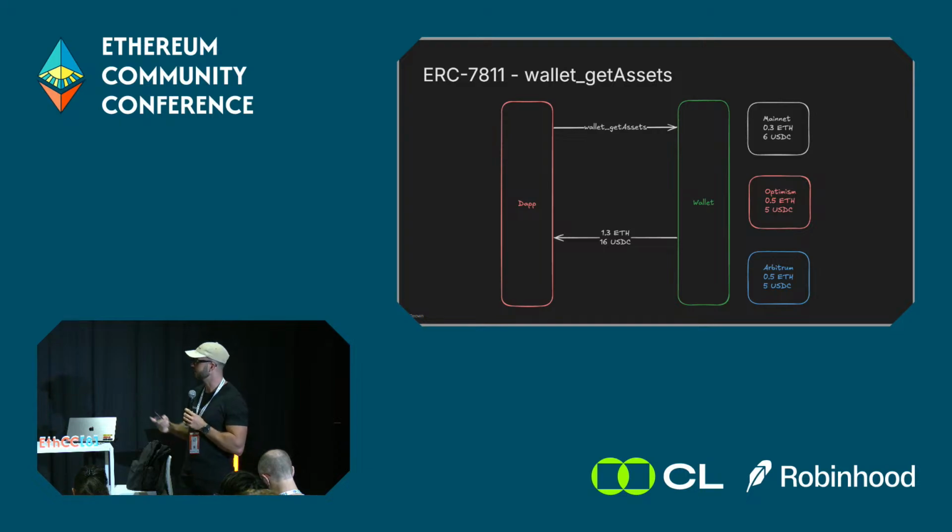And then the app was able to check, hey, how much USDC on this network do you have? And then the wallet responded with an aggregated balance, basically, with everything that the wallet can bridge and swap over. So again, this is very simple. The diagram is very simple.